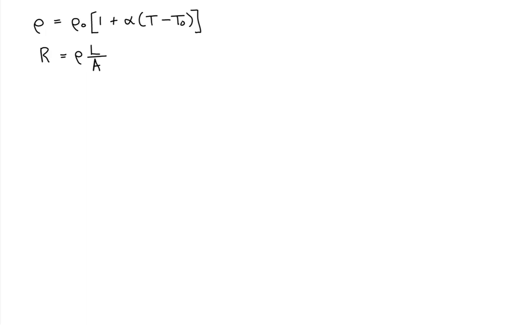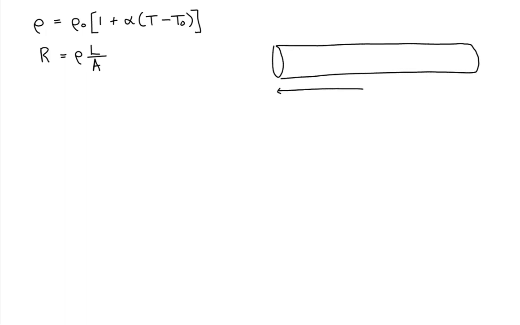So to begin, let's do a couple of sketches. The first sketch is just going to represent our wire at 20 degrees Celsius. At 20 degrees Celsius, our wire is going to have some length and some cross-sectional area, and it has a particular resistivity and a particular resistance. So the resistance at 20 degrees Celsius is given as 225 ohms.